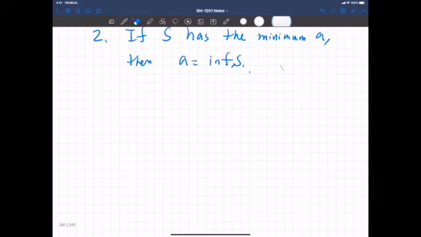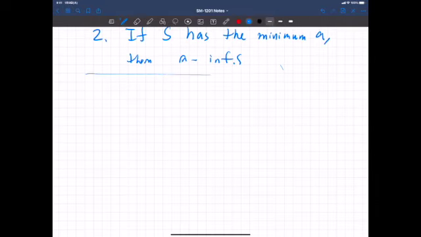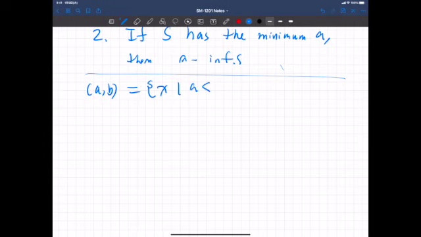Next, consider an open interval. So all real numbers between a and b, not including a or b. Okay, we exclude both a and b. Then what is the supremum and infimum of this open interval?